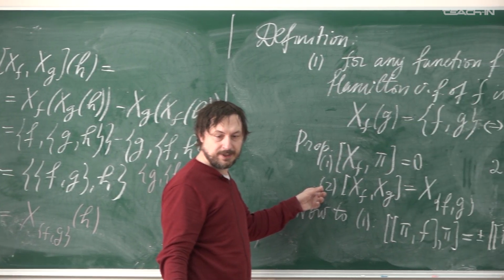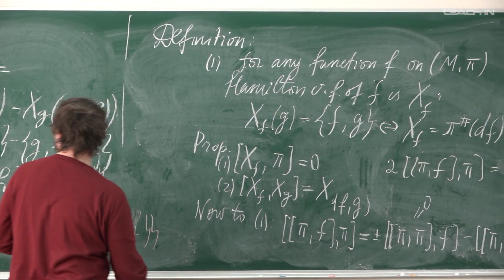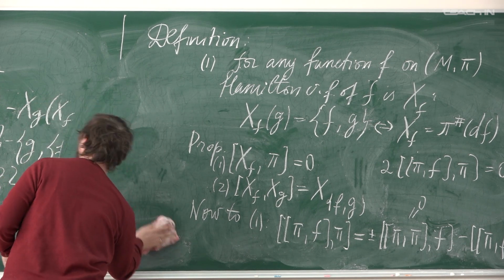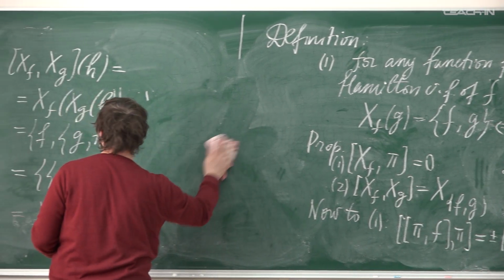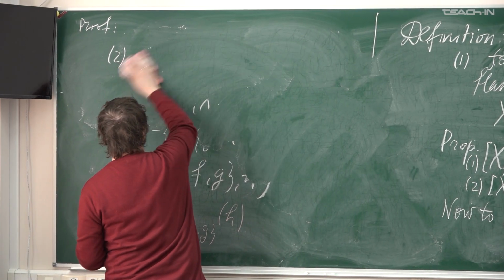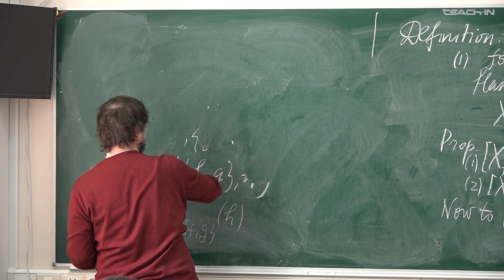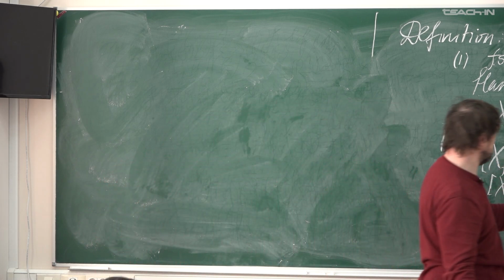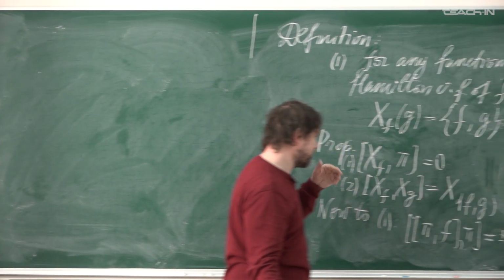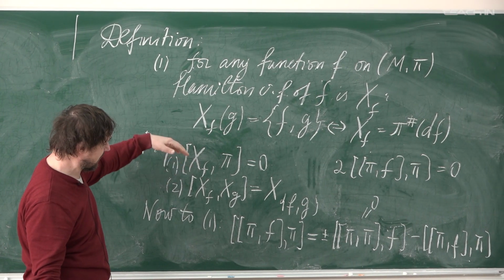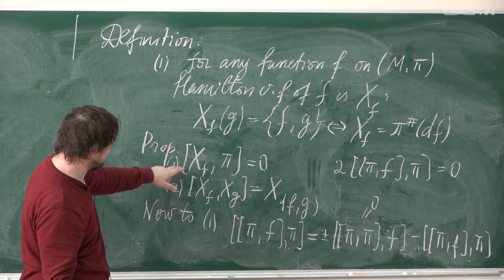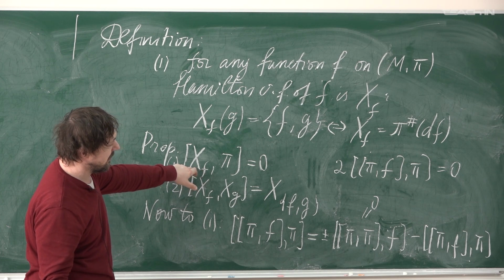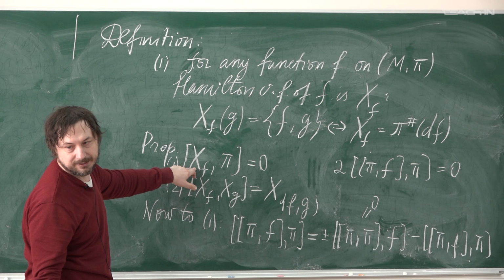However, unlike the symplectic case, where the property 1 actually means that the vector field is in fact locally Hamiltonian.